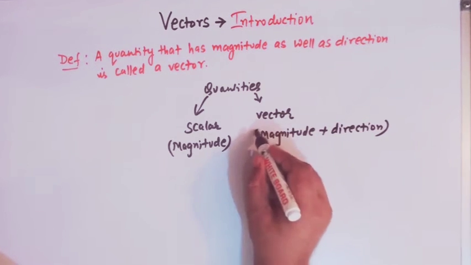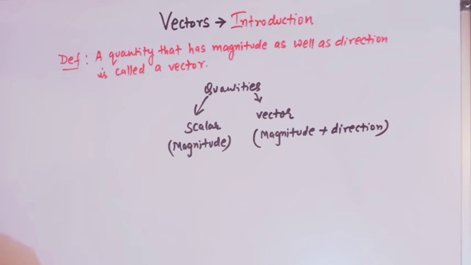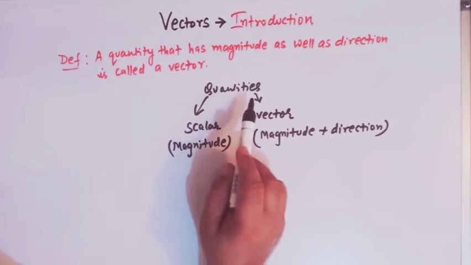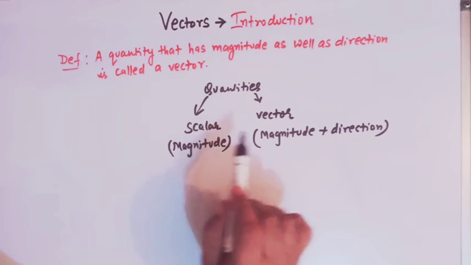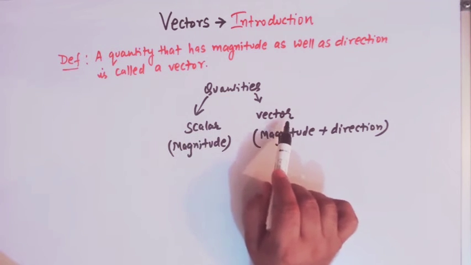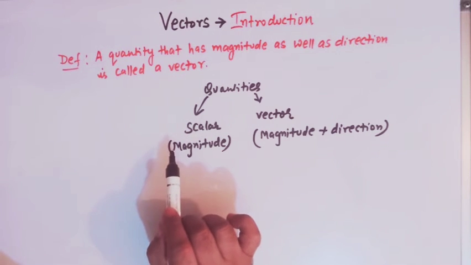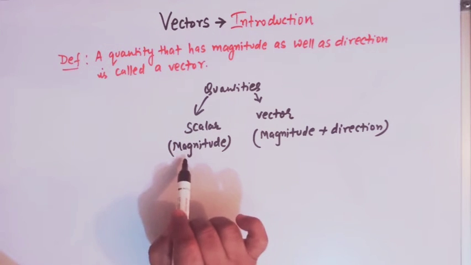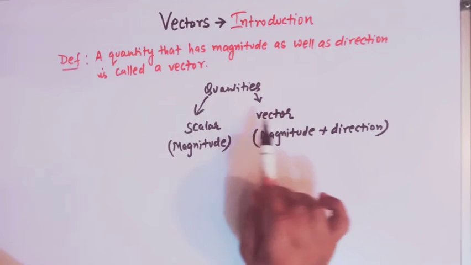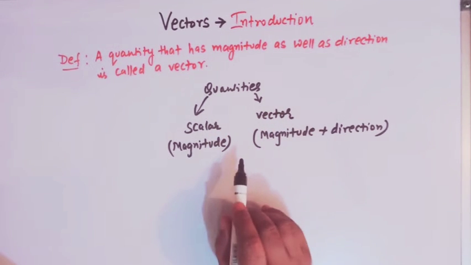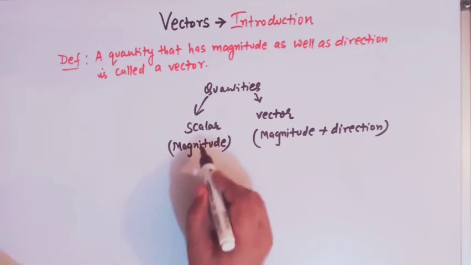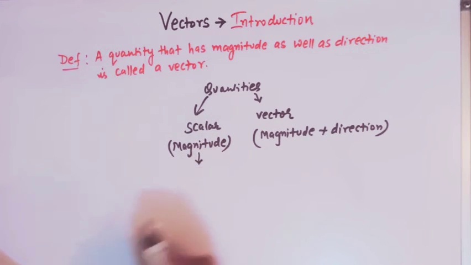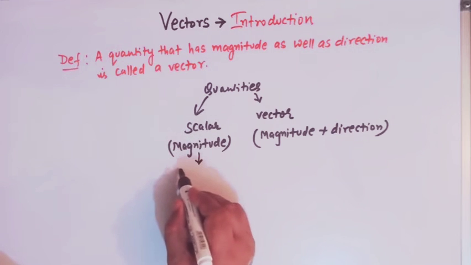So in physical sciences or in mathematics we can say that quantities are of two types. One is called scalar quantities and others are vector quantities. Scalar quantities are those which have only magnitude, and vector quantities have both magnitude and direction. Let us take some examples. For scalar, for example, we have mass.